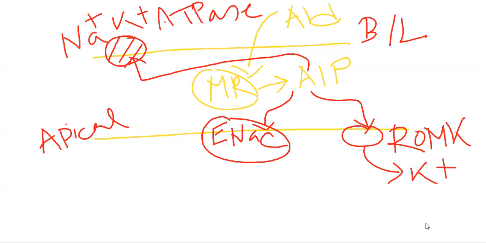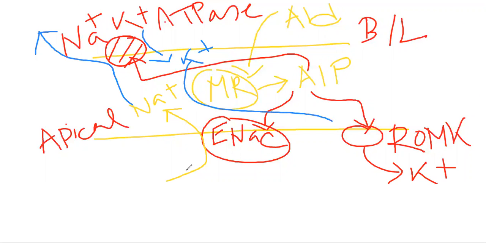The epithelial sodium ion channel will help to increase reabsorption of the sodium ion from the distal part of the nephron principal cell, and eventually this sodium ion will be transported into the medullary interstitium and into the circulation via the sodium potassium ATPase pump in exchange for potassium ion, and this potassium ion is eventually excreted by the ROMK channel. So this is the basic mechanism of aldosterone.